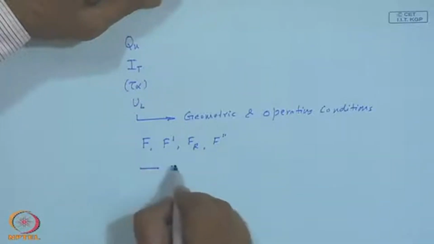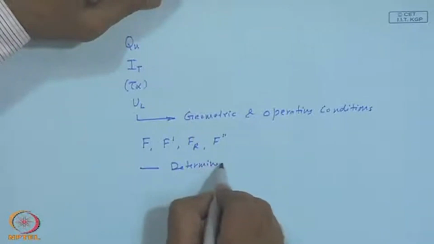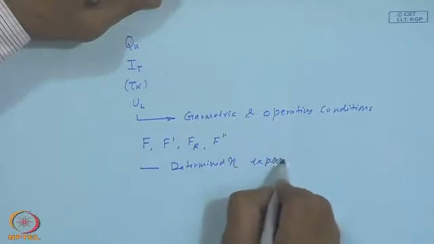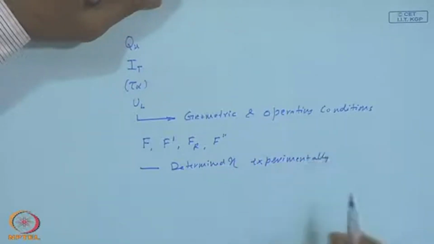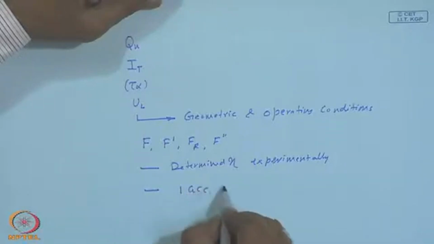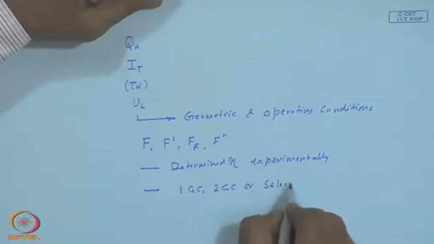So, these things in various capacities represent or tell us how good the collector is. Then we determine the efficiency, experimentally, and based on that we examined one glass cover, two glass covers or selective surface.